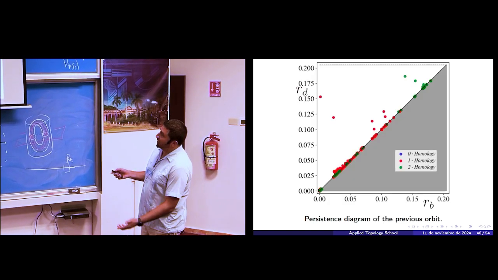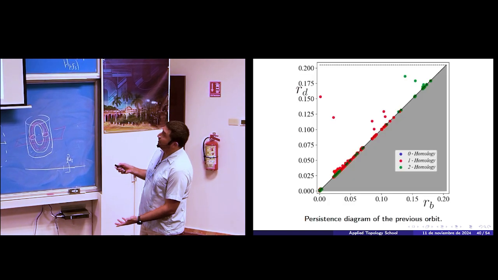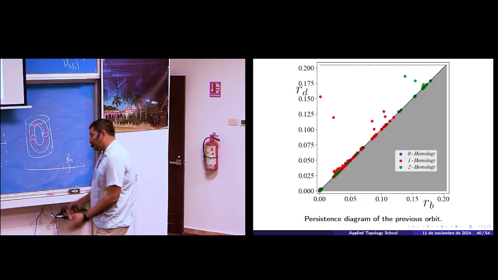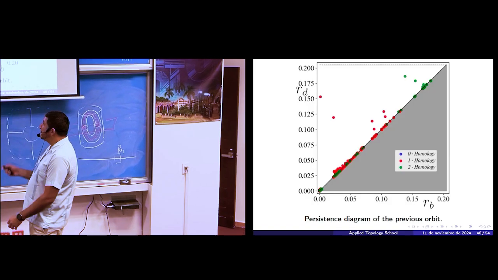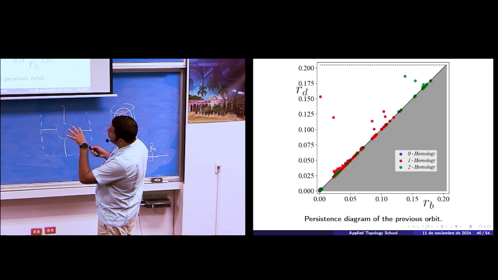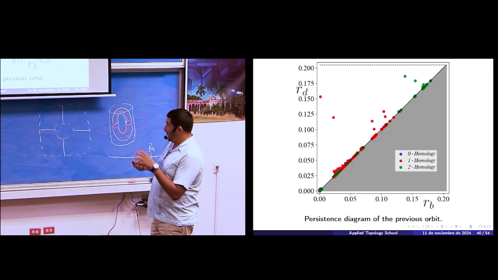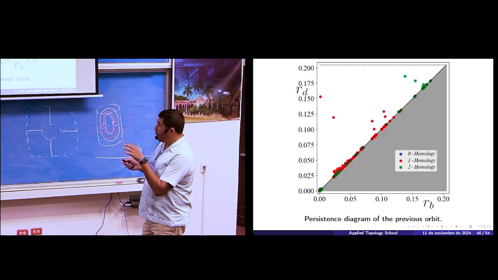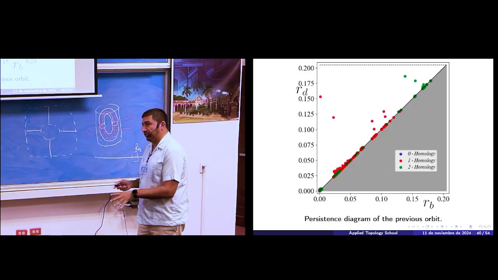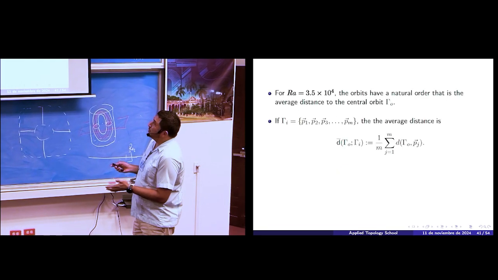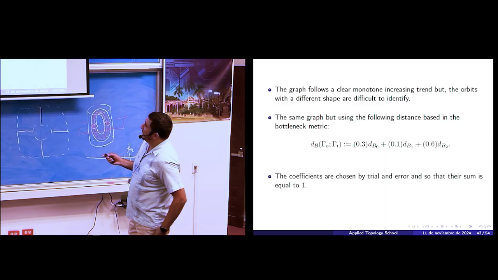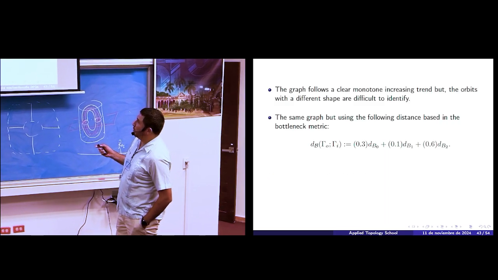There is a lot of noise here, and in other orbits. There are many more noise and more points here, but the one homology generates more noise. Then that's the reason why we use the lesser coefficient in the one homology.